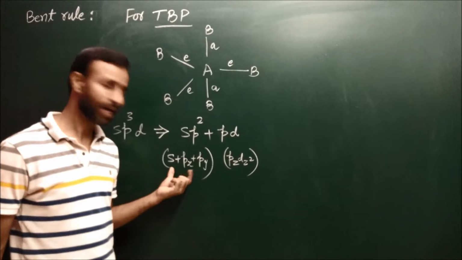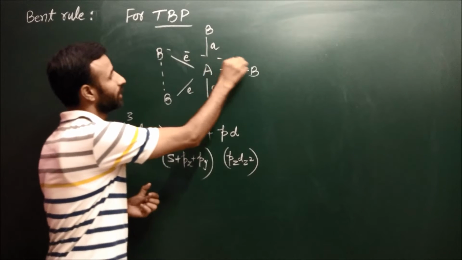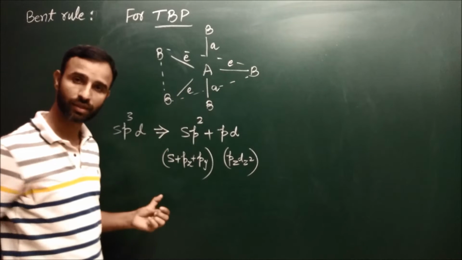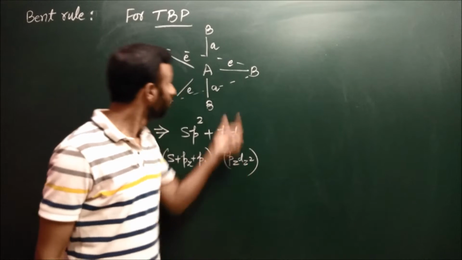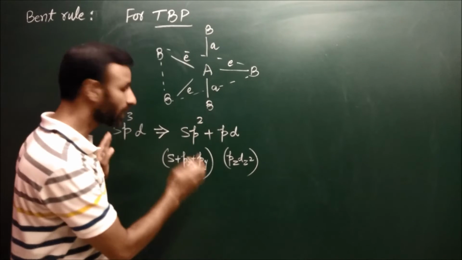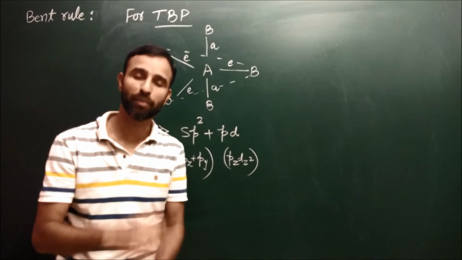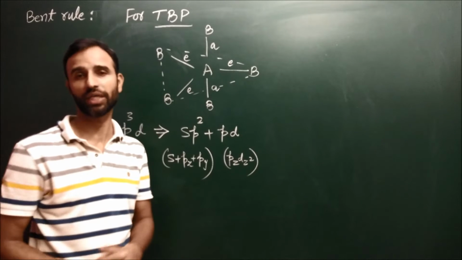This sp2 is in the equatorial bonds and pz, dz square, pd, is in the axial bonds. So this is the case of unequal hybridization. That means it is a case of failure of hybridization.